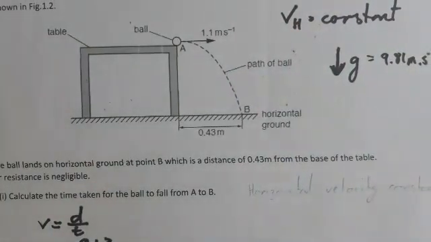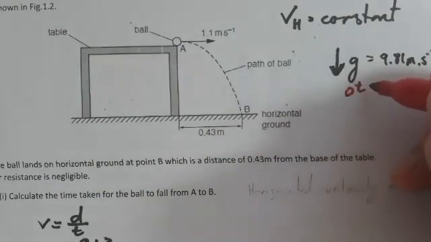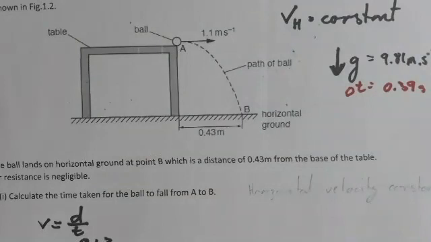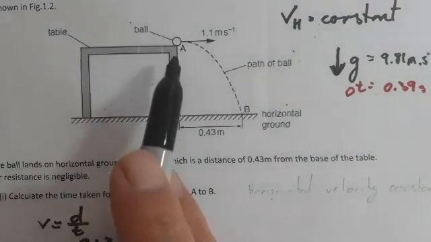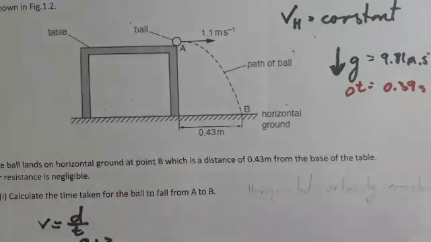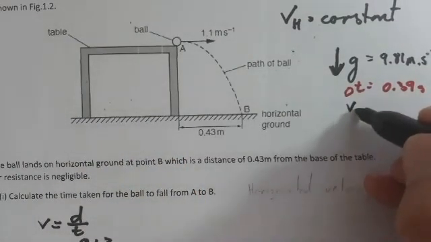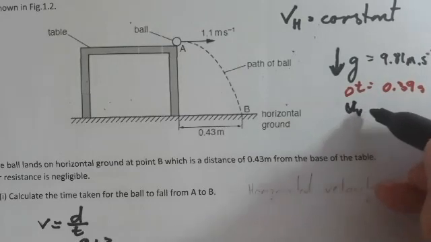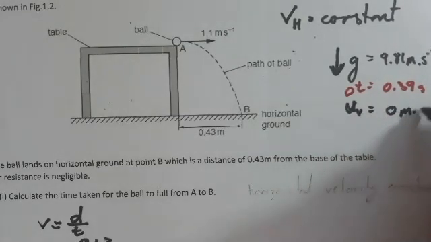I'm going to write in the time that we just calculated, so delta t is 0.39 seconds. We also know, because it starts with a horizontal velocity there, my vertical initial velocity, so u vertical, is 0 meters per second.